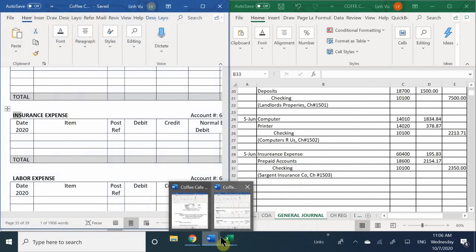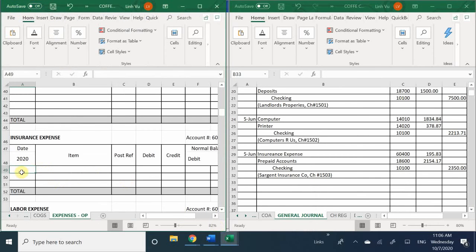All right. So insurance expense, what do we know? We know that on the 5th of June, you're only paying for insurance. So I'm going to write check number 1503, insurance, for the month of June.